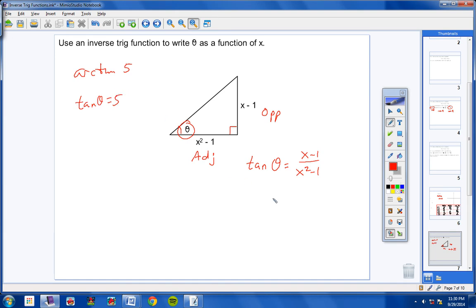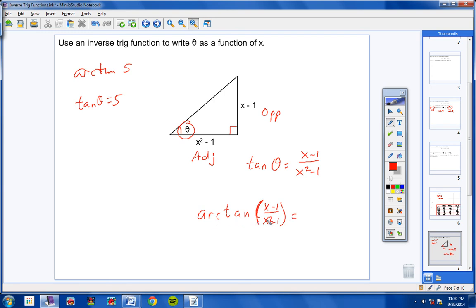Well, let's go backwards. If I have tangent of theta equals this, then I can write arc tangent of x minus 1 over x squared minus 1. There we go. And that whole thing equals, even though we've never written it like this, students, think about it.